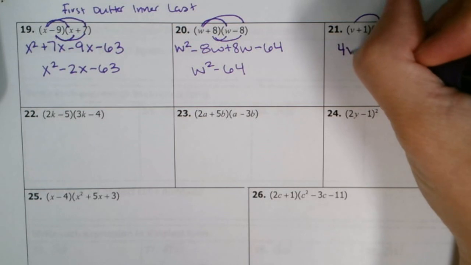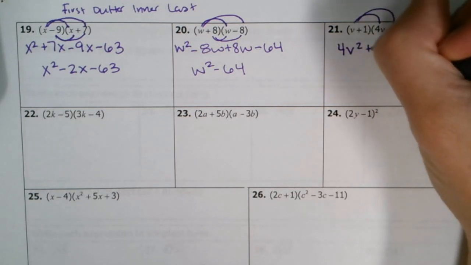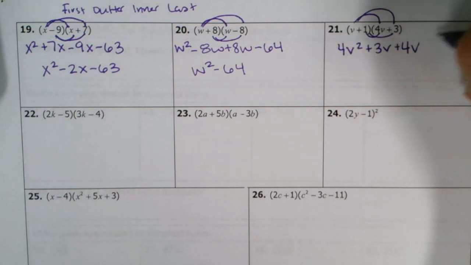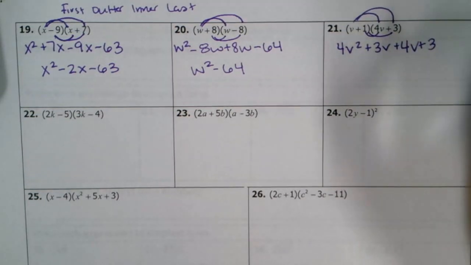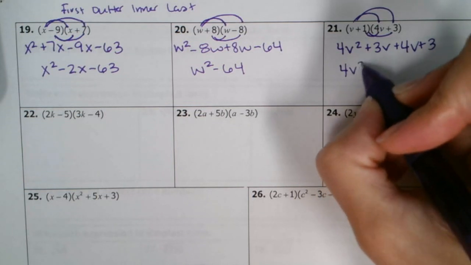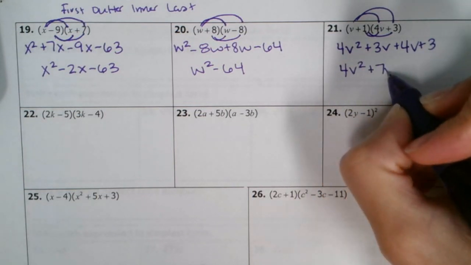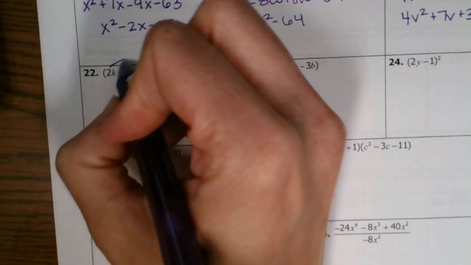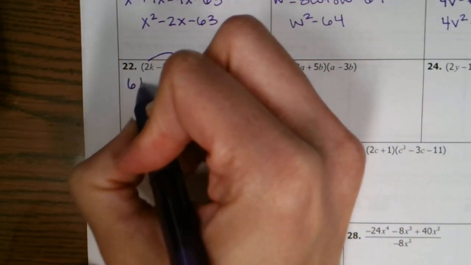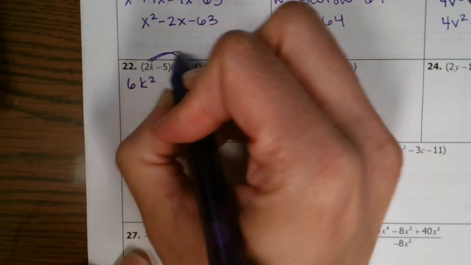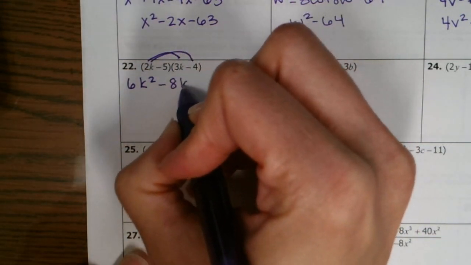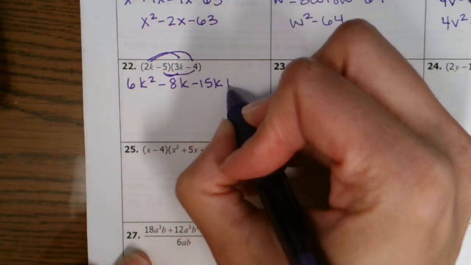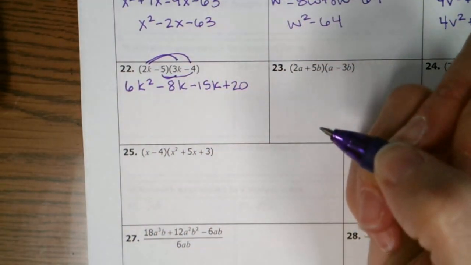Next, I've got 4v squared plus 3v plus 4v plus 3. Put my like terms together, the terms in the middle, and I'm finished. Next, 6k squared minus 8k minus 15k plus 20.